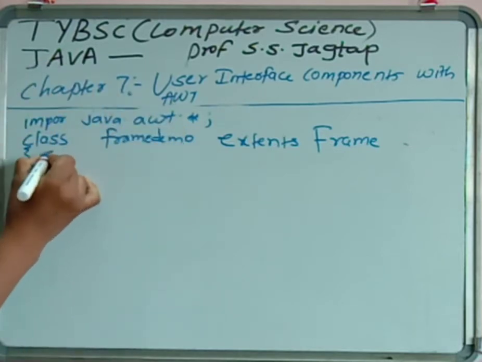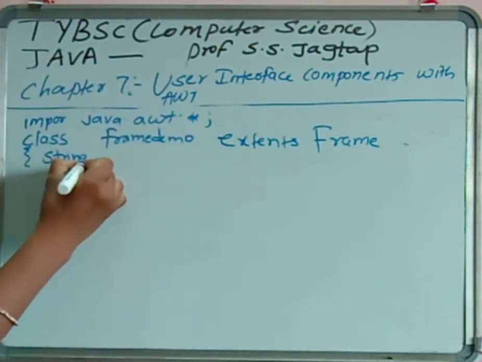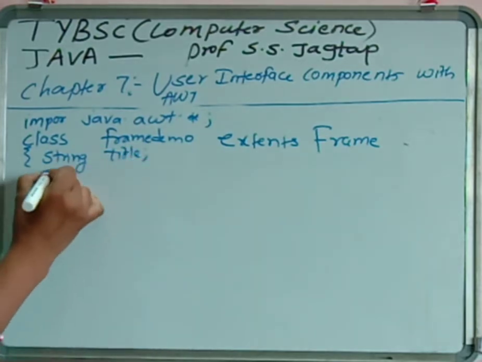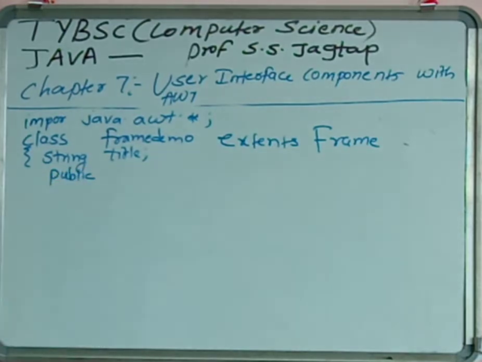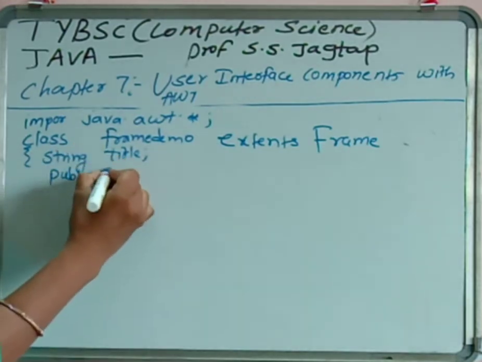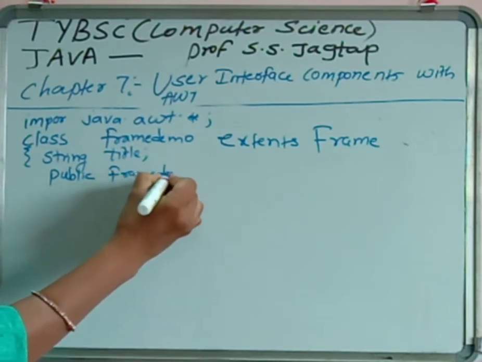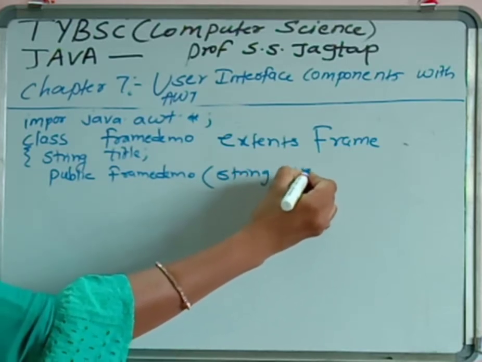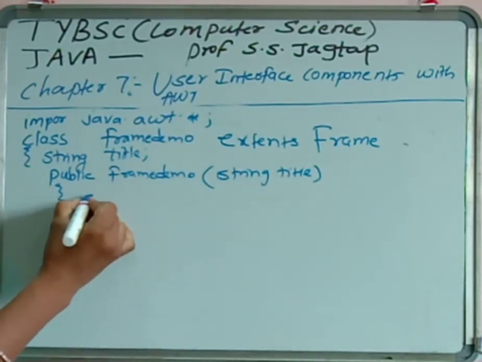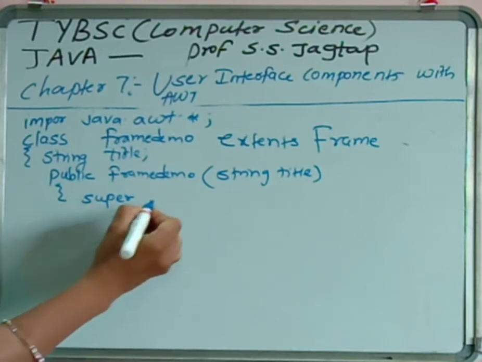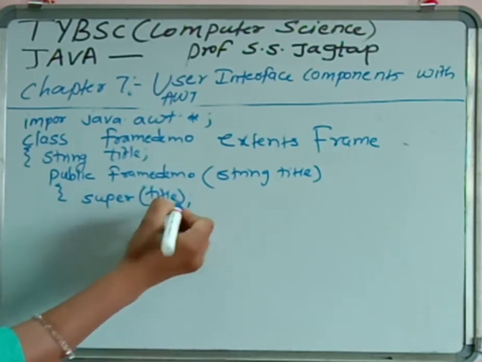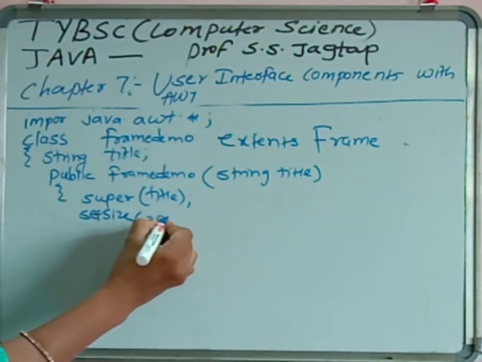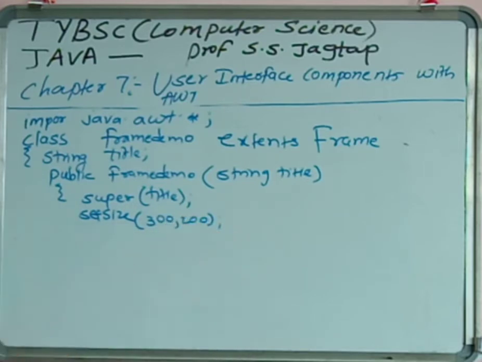In that I will write String title; then one constructor, where the class name and function name are the same, that is called a constructor, FrameDemo having parameter String title. In that I will set, by using the super keyword, the title. I will set the size of the window with parameters 300, 200.